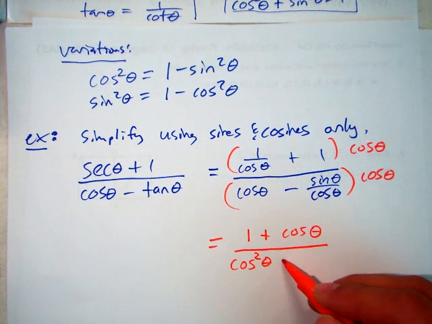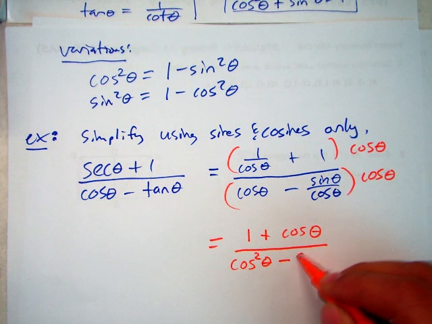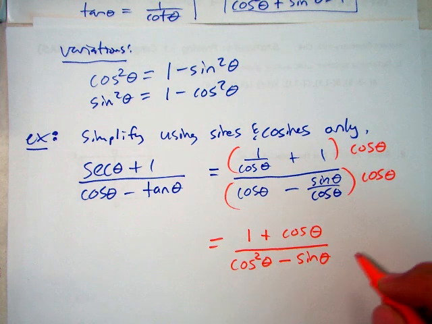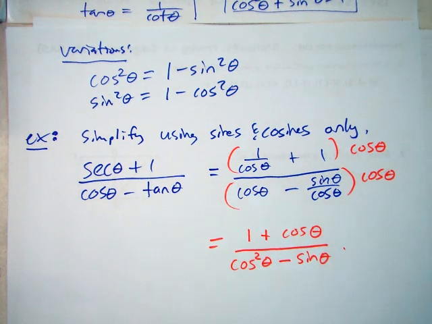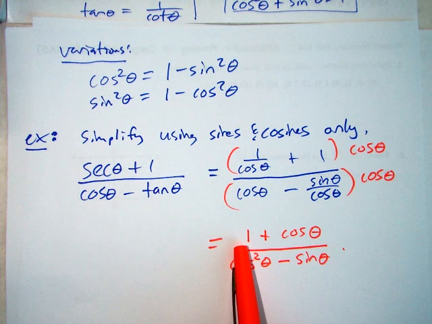Minus, what's cosine theta times this fraction? And we don't have a complex fraction anymore, and we've got cosines and sines. This is good. Would we want to get rid of the 1 by writing it as cosine squared plus sine squared? It'll overcomplicate it, but you're welcome to do that if the situation presents itself later, which it might.